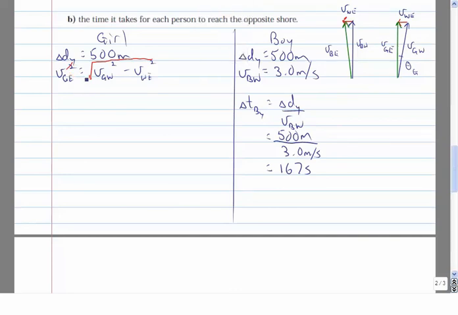So this is going to be 3 meters per second, all squared, minus that 0.5 meters per second, all squared, and we take the square root of that, and I get 2.96 meters per second. That's her in her y direction.